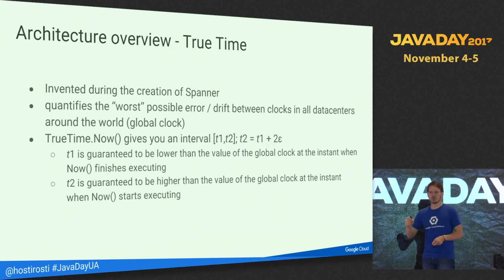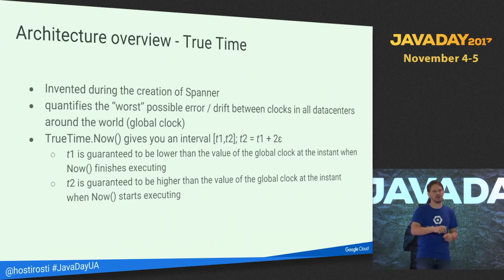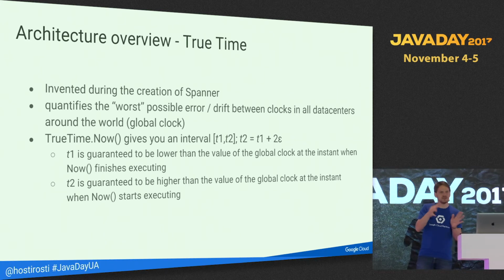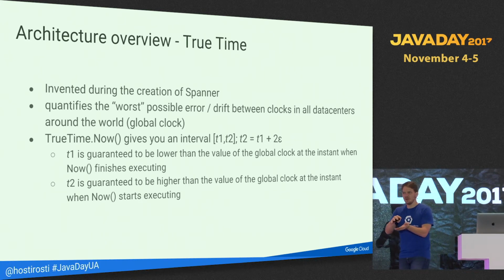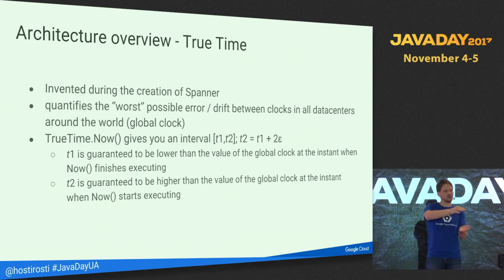With this, we can make sure that we can basically have exactly only one leader in our group and basically have serializability for our commits. Now, how do we ensure this and keep this uncertainty, which we call epsilon in TrueTime, as low as possible? You can imagine if this epsilon, this interval, is large, then our database is slow.